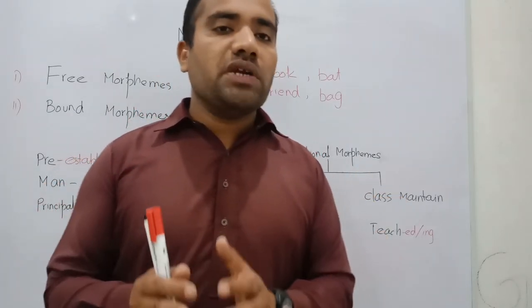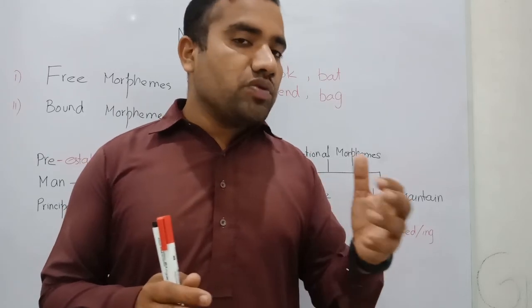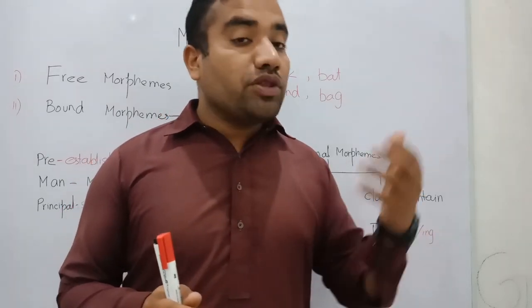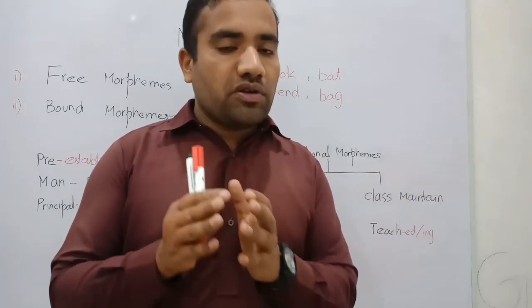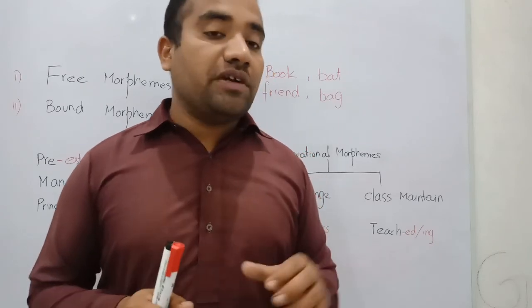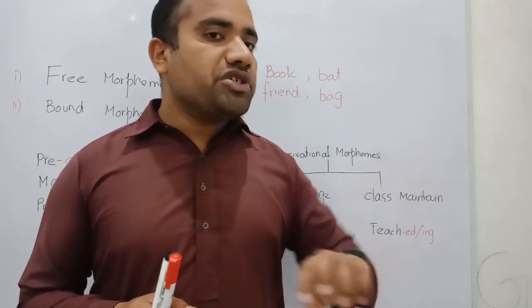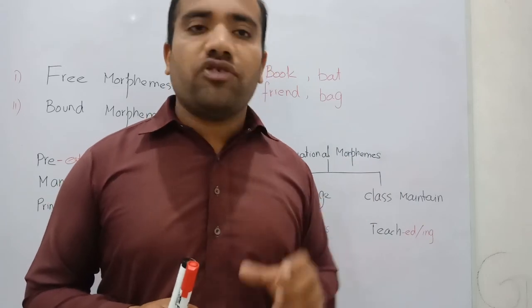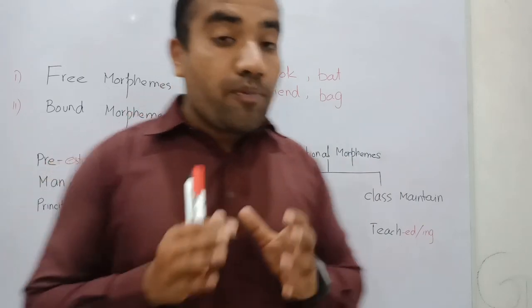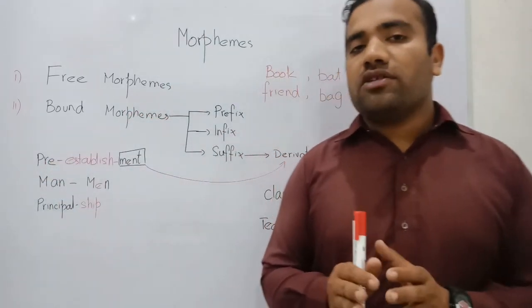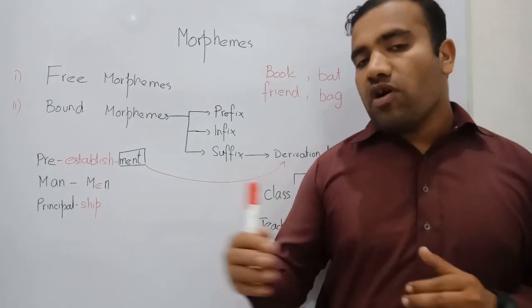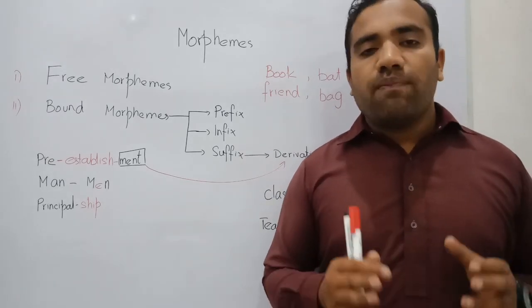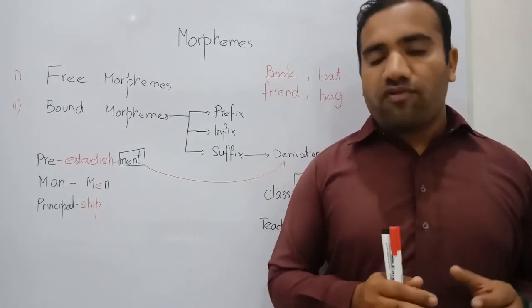In inflectional morpheme we do not generate a new class, we remain within one class, and in derivational morpheme we shift our class somewhere, and somewhere we don't shift our class. And this is the point that I am telling you, the parts of morpheme, the types of morpheme, and these are the basics of morphology.